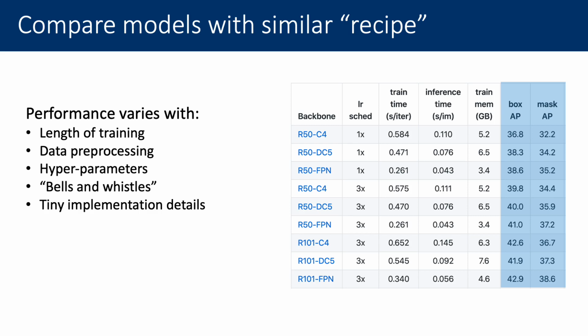In Detectron2, everything in the models comes from the same code base, and we make sure to keep this recipe consistent. That's why we list the comparison of the models in this way.